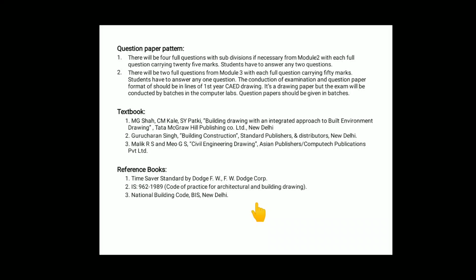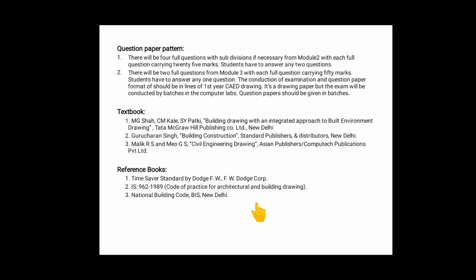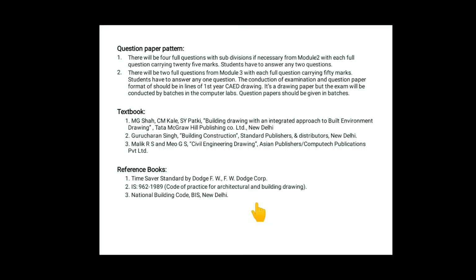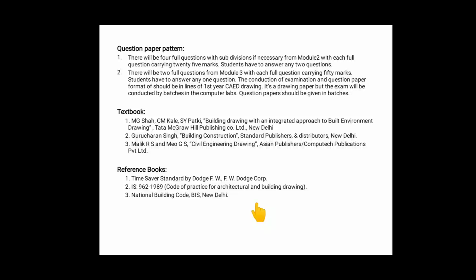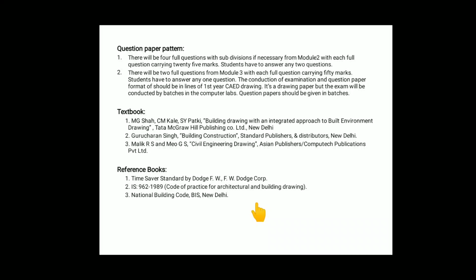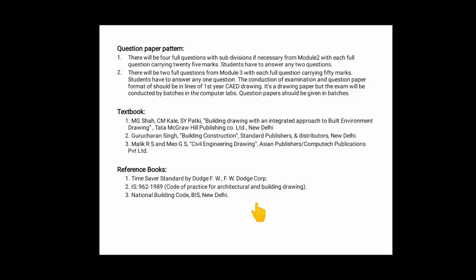As you may ask why first module is not there in the question paper. Even though first module is there in the syllabus, it is just an introduction to the software. So even though we are not putting that in question paper, the same thing will be there in your Viva, because along with CAD you are going to have a Viva for which separate marks will be there.